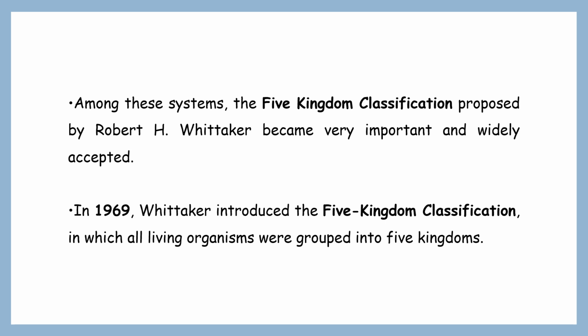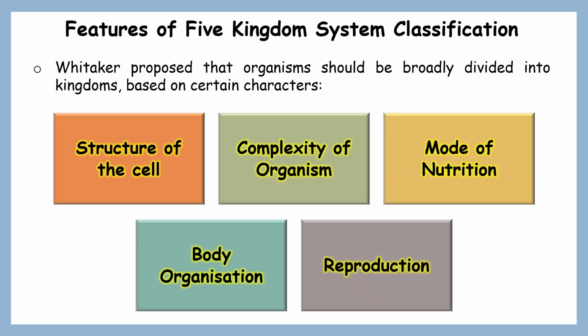In 1969, Whittaker introduced the five kingdom classification in which all living organisms were grouped into five kingdoms. Whittaker proposed this classification basing on certain characters. What are the characters he considered?